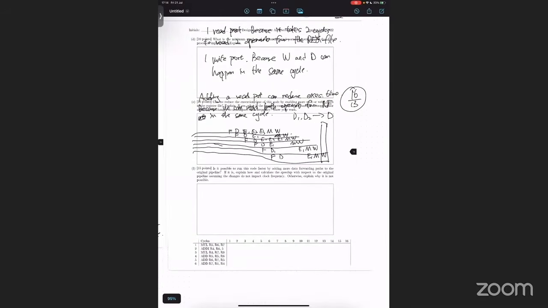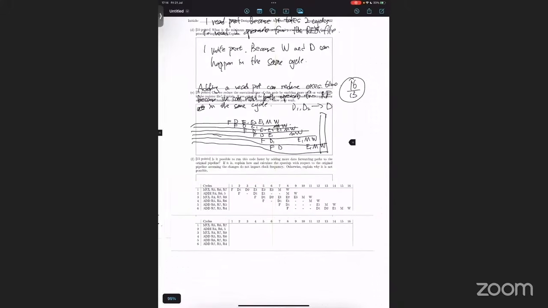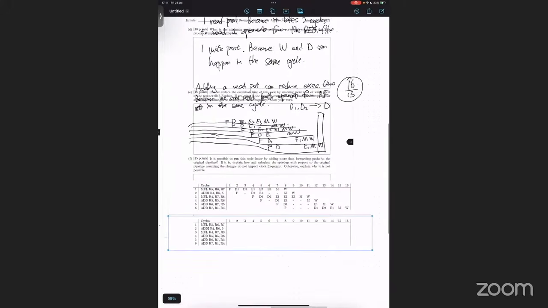It asks, is it possible to run the code faster by adding more data forwarding paths to the original pipeline? So let's get the original pipeline here as well. As we said, the purpose of data forwarding is to forward the results from the ALU directly to the previous stage of the pipeline without having to wait for the memory and write back stage.